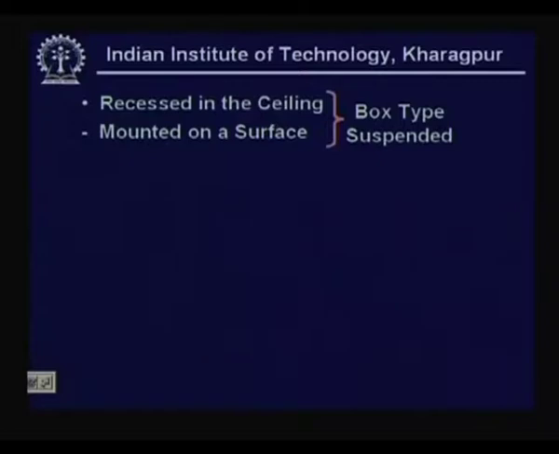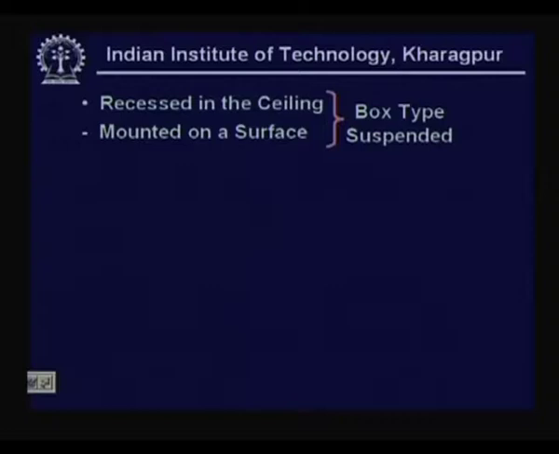In fact, we saw the discharge lamps could be using either cold cathode or hot cathode. Cold cathode would need higher voltages as against hot cathode lamps. Now, these are either recessed in the ceiling or mounted on a surface.